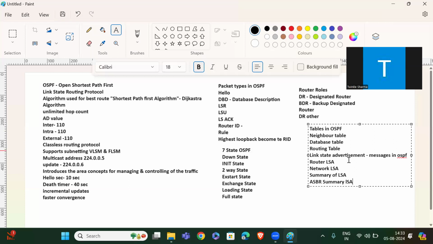Then we have external LSA. Then we have multicast LSA. Then we have totally NSSA LSA. All these concepts we will cover in our further videos in OSPF.